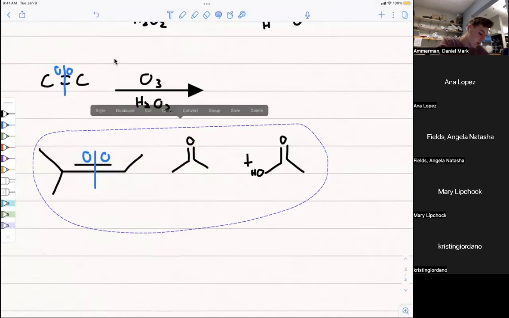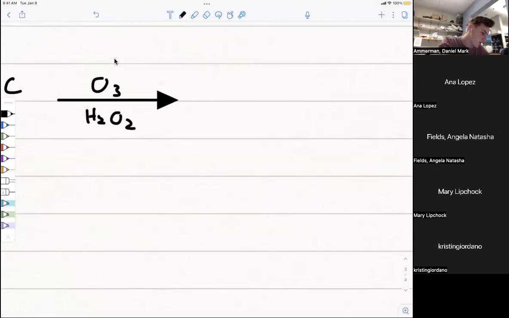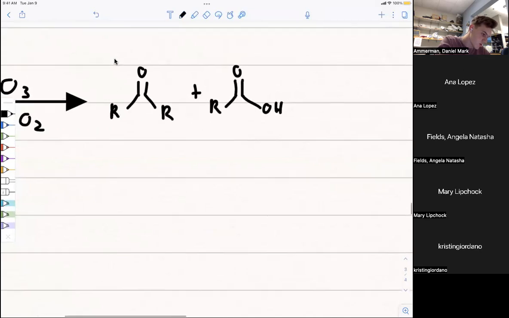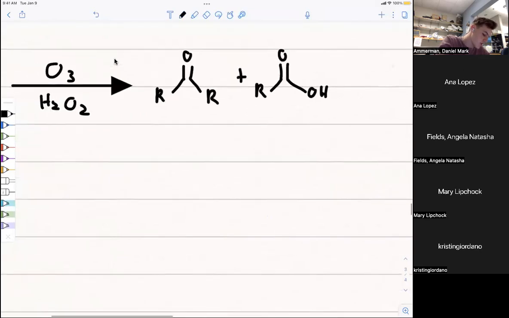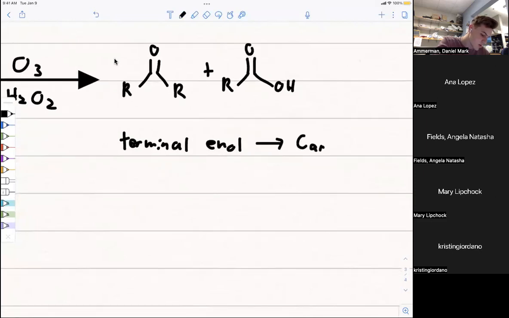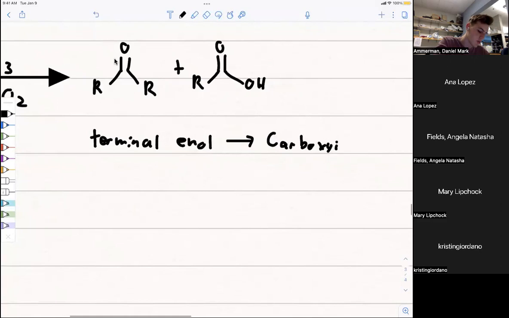So I had written on my flashcards a while ago, this is the way I wrote it, and I write under this terminal to a carboxylic acid.